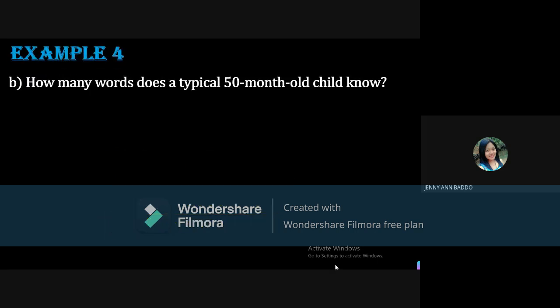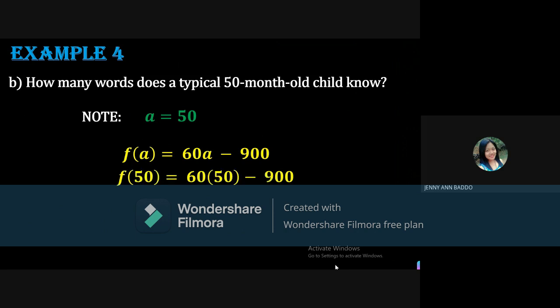Next question. How many words does a typical 50-month-old child know? For this question, we have a equals 50 because the child is 50 months old. So using our linear function, f of a equals 60a minus 900, we substitute 50 for the variable a.